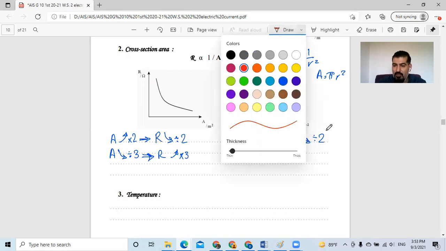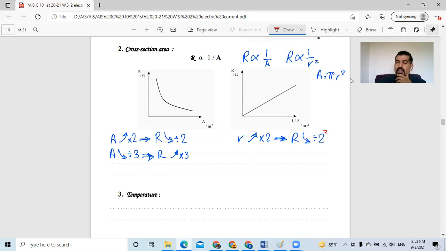Why square? Because we know that the area is pi r squared. So as the radius or the diameter is doubled, the area increases by 2 squared, 4 times. As the area increases by 4 times, the resistance will reduce by 2 squared, which is 4.